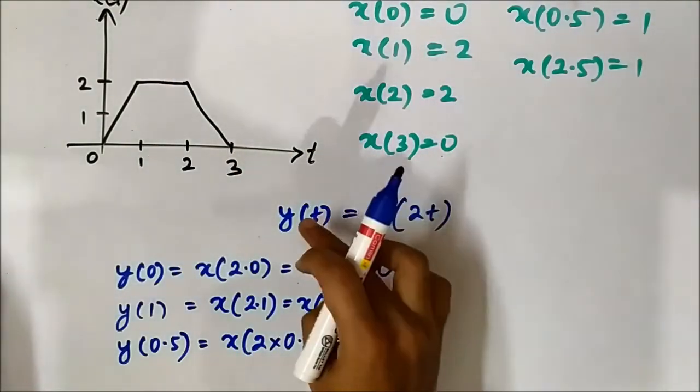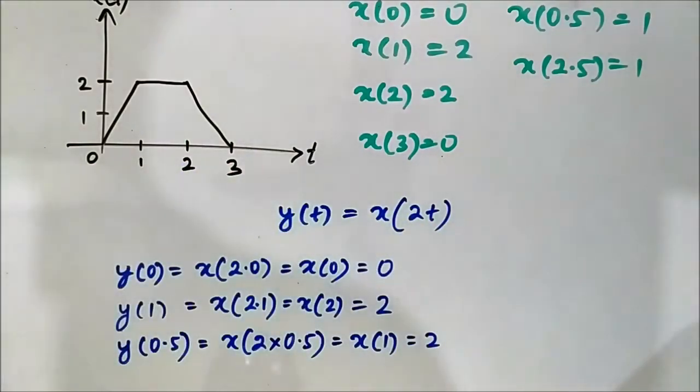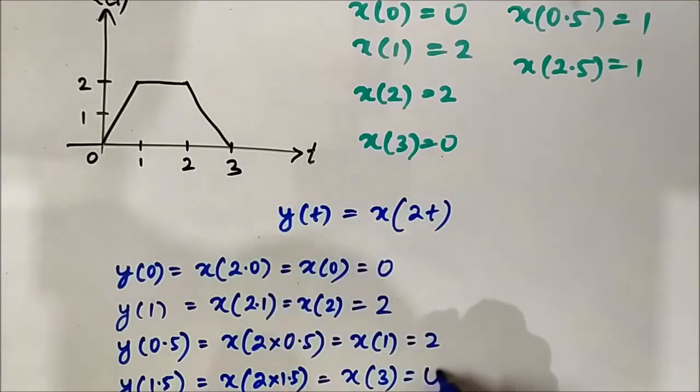So we selected the value of t in such a way that 2t lies between 0 and 3. Let us select t as 1.5. y(1.5) will be x(2 into 1.5), which is equal to x(3), which is equal to 0.